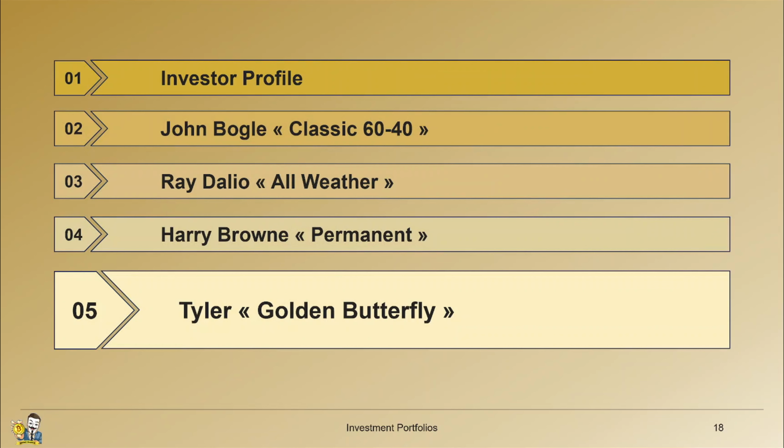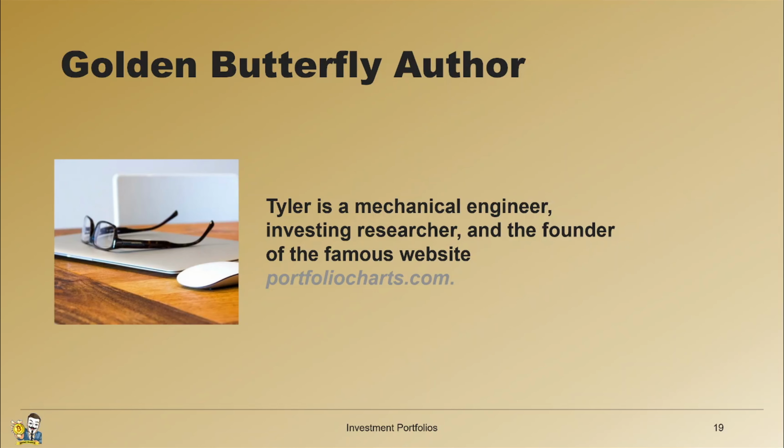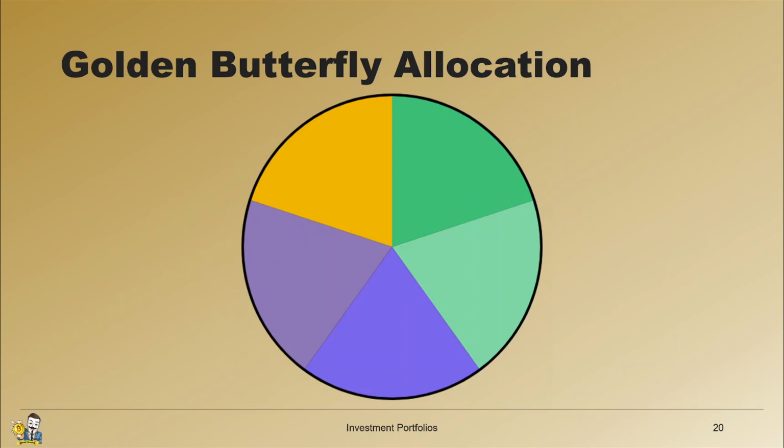The last strategy we're going to study is the golden butterfly, created by Tyler. This guy is a mechanical engineer, investing researcher and founder of the well-known website PortfolioCharts.com, a site that compiles tons of portfolio strategies. So, Tyler decided to build his own strategy, the golden butterfly. The allocation is pretty unique and well-balanced.